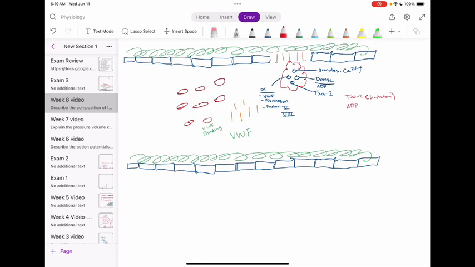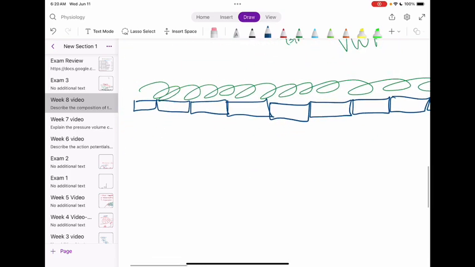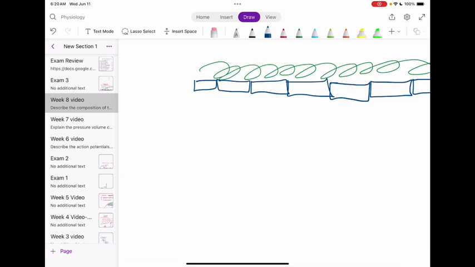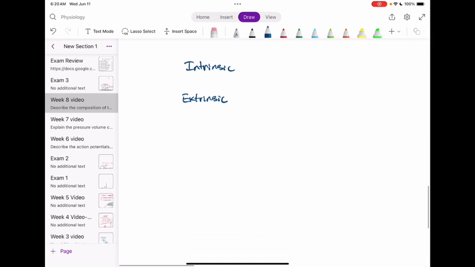So the clotting cascade has 3 different pathways. It has the intrinsic, the extrinsic, and the common.